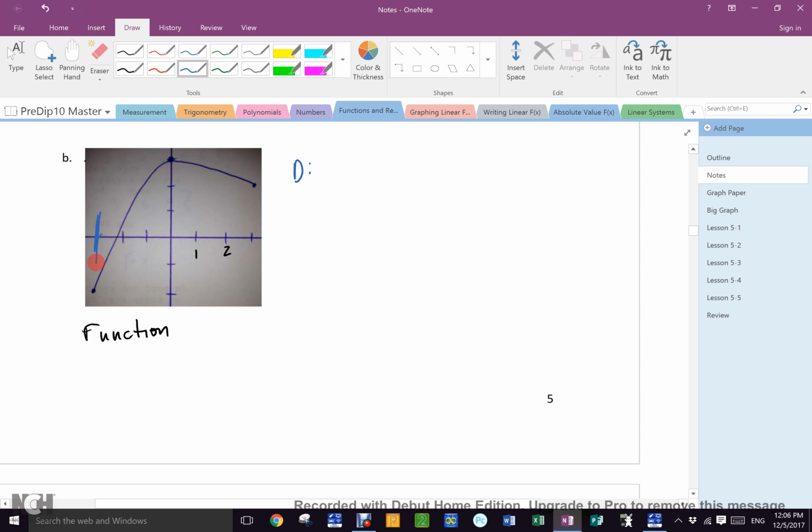Because I get an output right there. -3 is the first input. What's the next input? I want to say it's 0. -2. So at -2, there's an output. There's no outputs in the middle here. There's outputs everywhere.